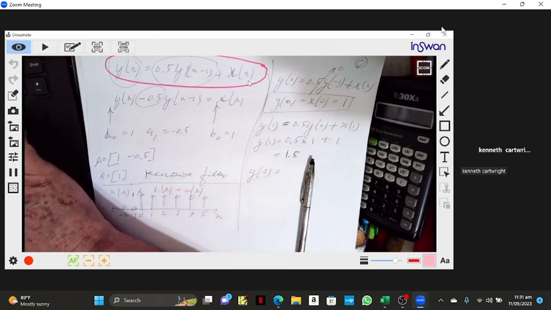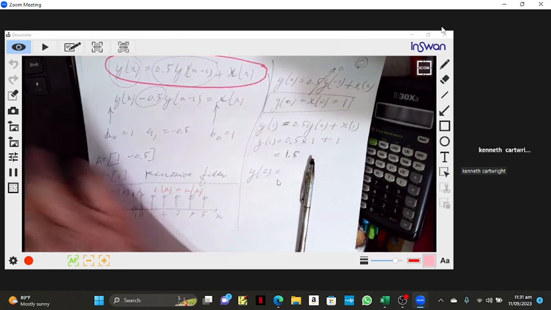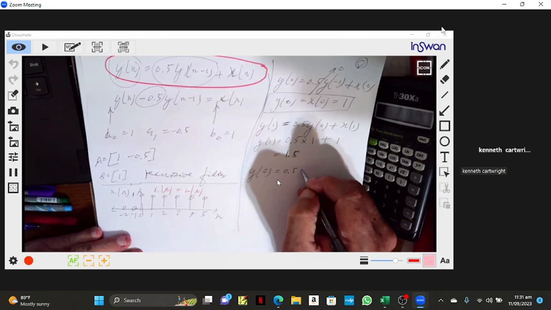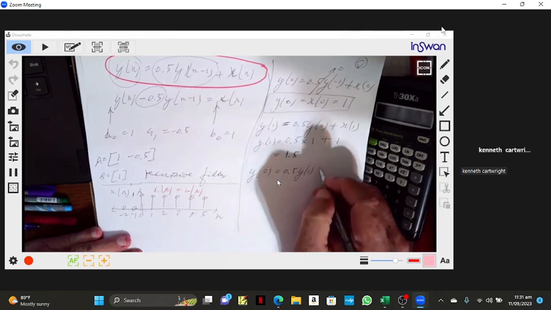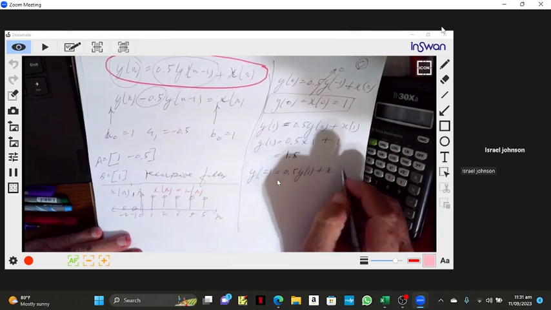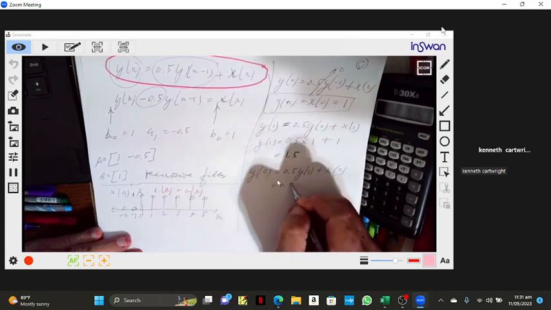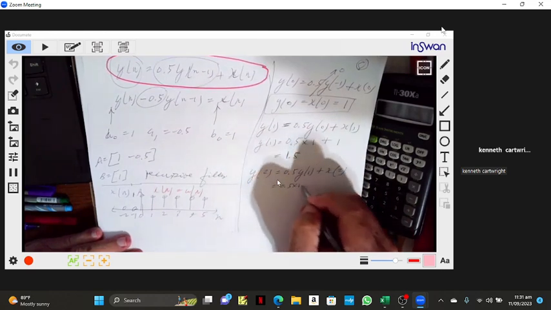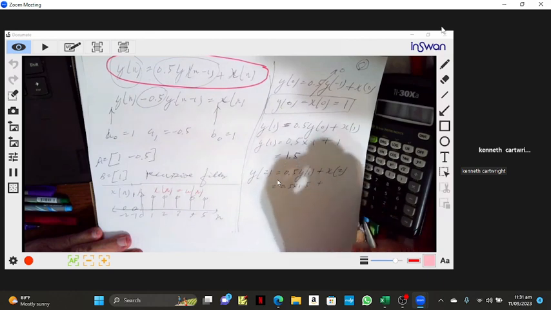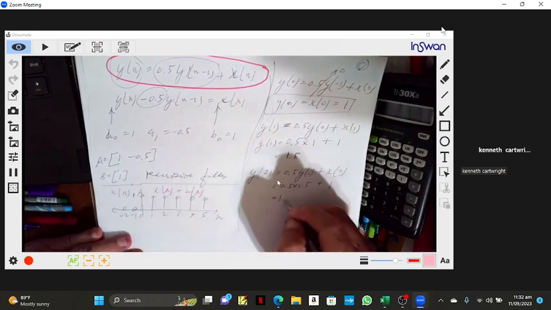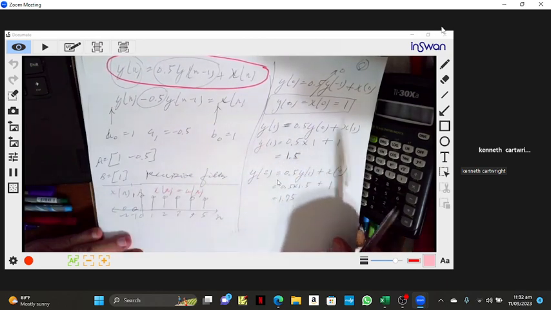I don't know why this is hard. y of 2 is 0.5 times y of 1, which is 1.5, plus x of 2. x of 2 is 1. So y of 2 is 1.75. I don't know why that is hard.